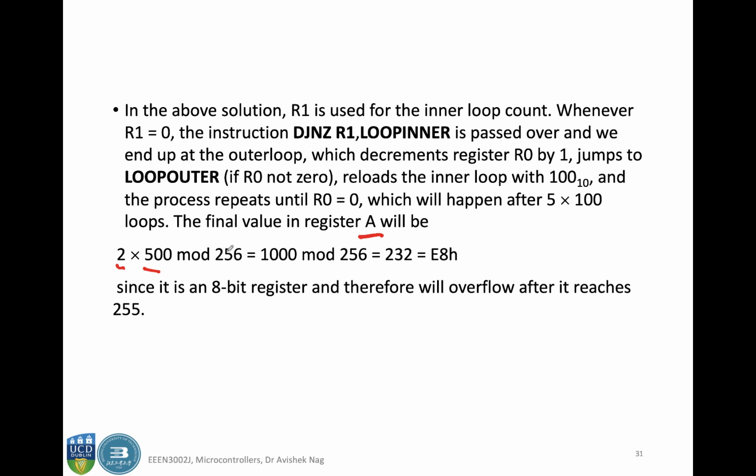But since whenever the register reaches 255, it overflows, you have to do this operation 1000 mod 256, and then the final value will be 232 or E8 hex. So every time it overflows after it reaches 255, it starts from 0 again. So you have to do this operation to find out the final value.